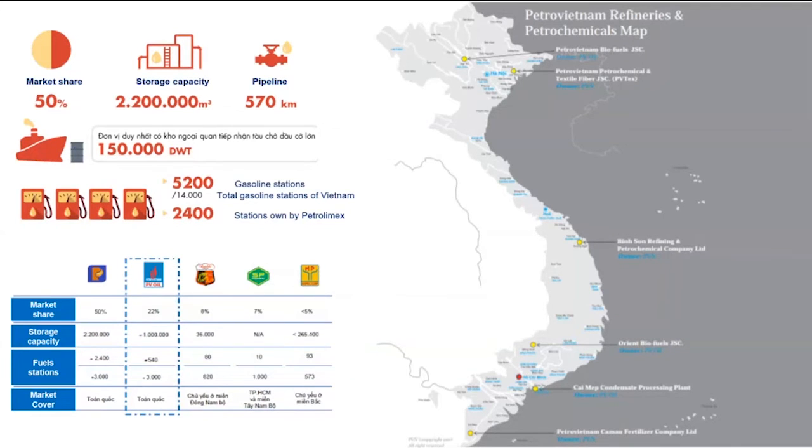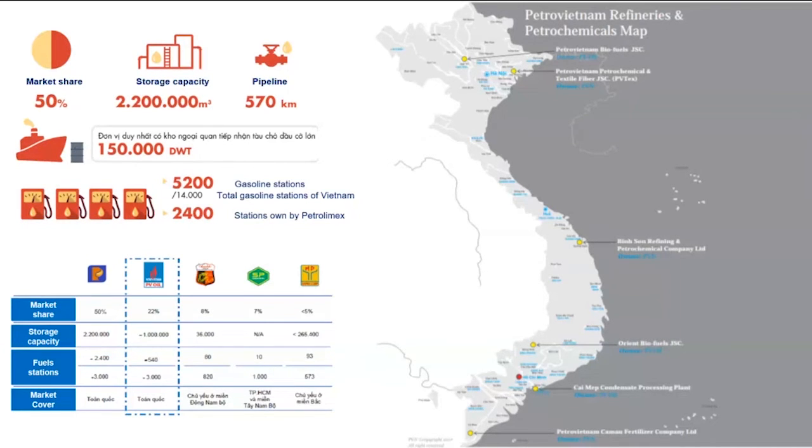We count around 14,000 gasoline stations in Vietnam in total, but Petrolimex owns almost 2,400 stations, and their partners run franchise gasoline stations, almost 500 stations.